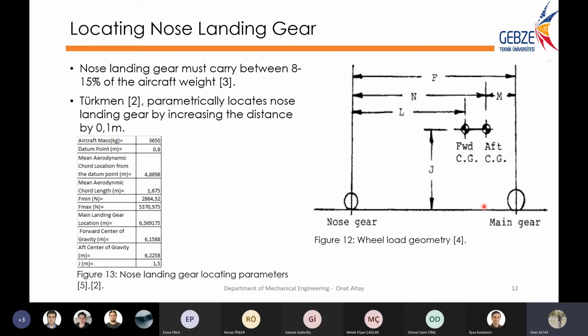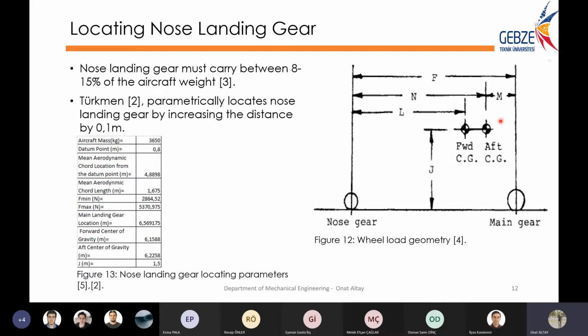Later, I located the nose landing gear with Türkmen's parametric method. In his study, he shifts the nose gear 1.5 meters starting from the datum point, which is somewhere here, and he shifts the nose gear 0.1 meter at a time until somewhere close to the main gears.